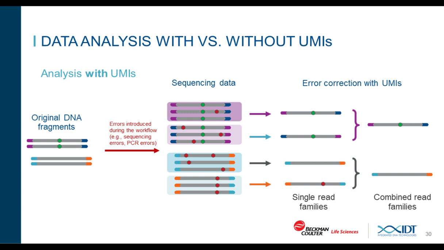UMIs are on single and on both strands, and they can be used to create single read families or combined read families. Consensus reads are then generated and aligned based on either single or combined read families. Rather than using the highest quality read, you are using all of your sequencing data within your read family, and this selects the most likely base at each position from beginning to end. Combined read families take it a step further and compare both strands.